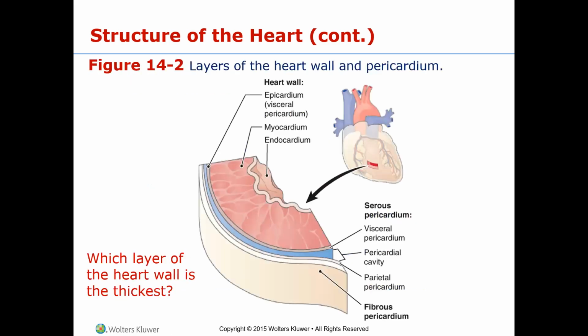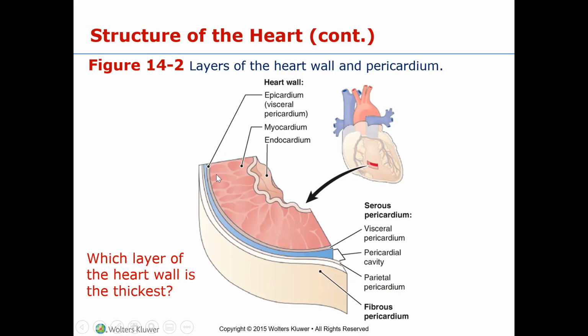So if you go back and you look here again, you have the pericardial cavity, which is between the visceral and the parietal pericardium. And then along the outside is the sac, which is the fibrous pericardium.